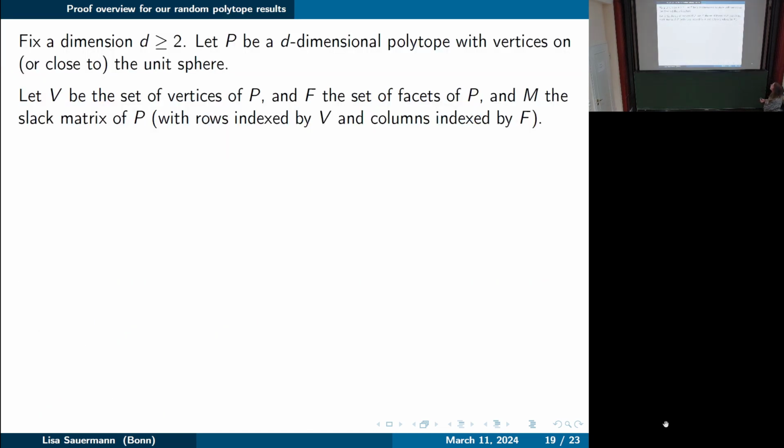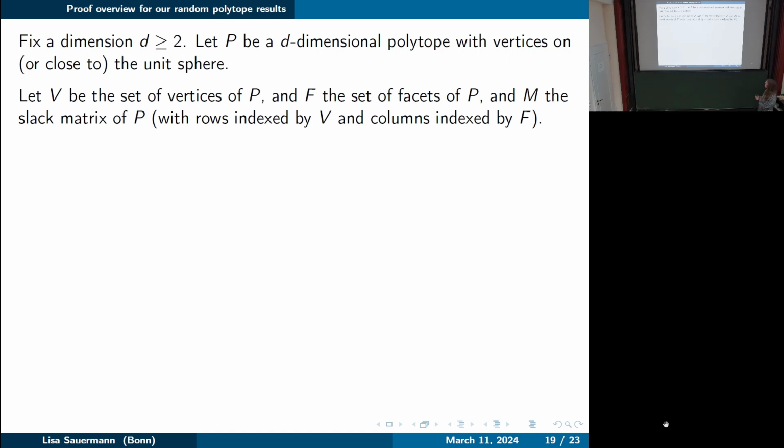Okay. So here we fix this dimension d, and we want to upper bound the extension complexity of the polytope obtained by taking n uniformly random points on the unit sphere in R^d.